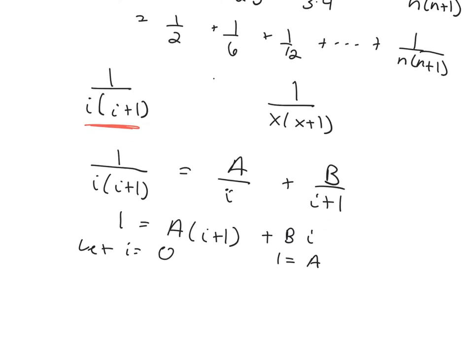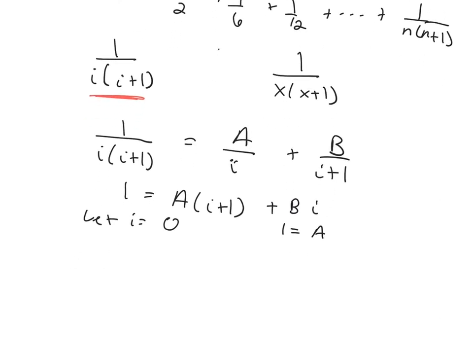What other value can I pick? -1. So let I equal -1. And then 1 equals negative B. So this tells me B equals -1. Now the one thing that might be a little bit confusing is I'm allowing I to be negative numbers, but that's okay.